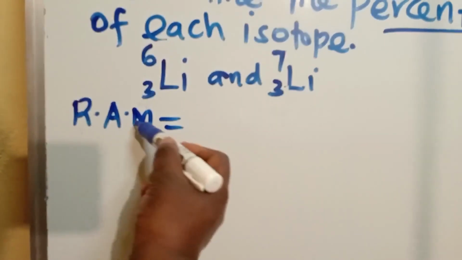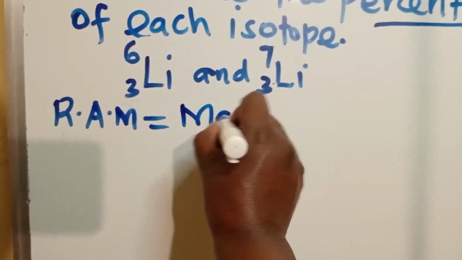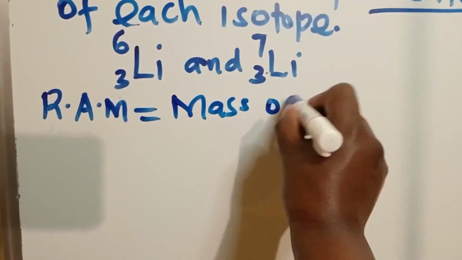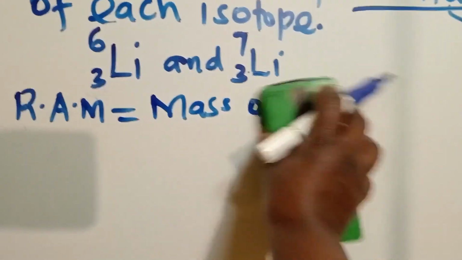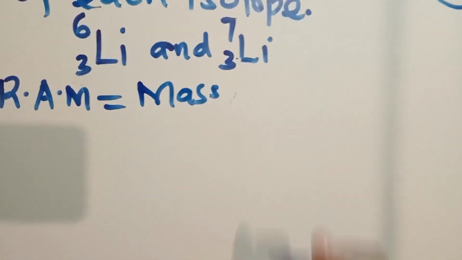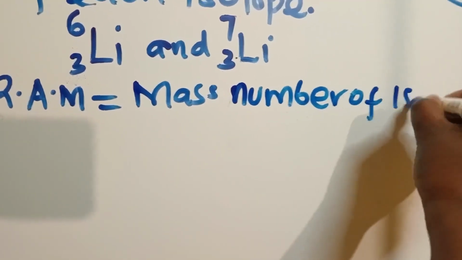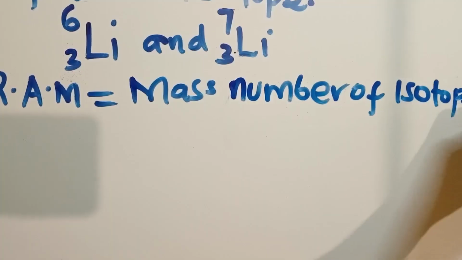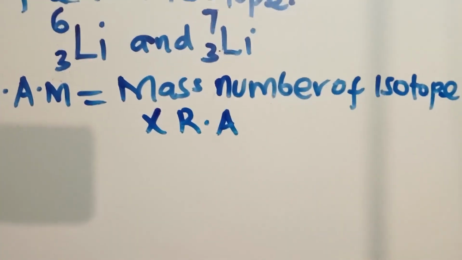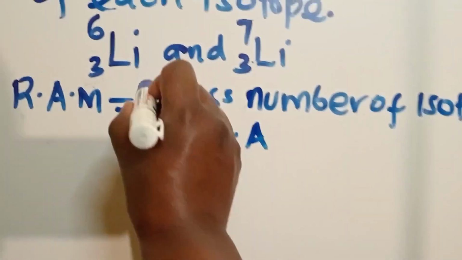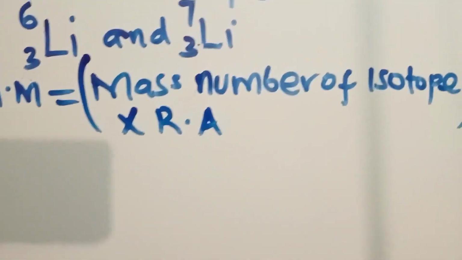We write it in initial form, RAM. So we say that we have the mass number of isotope 1 multiplied by the relative abundance. Put it into bracket.